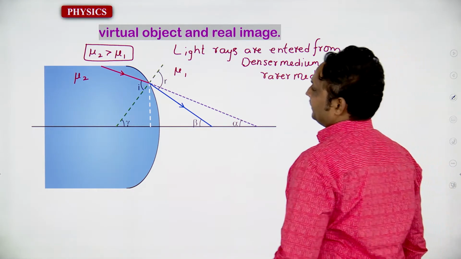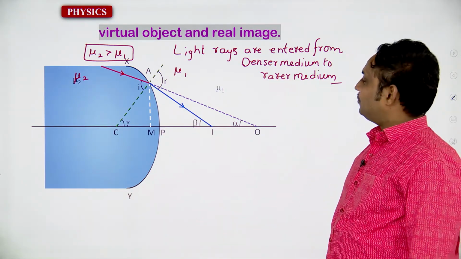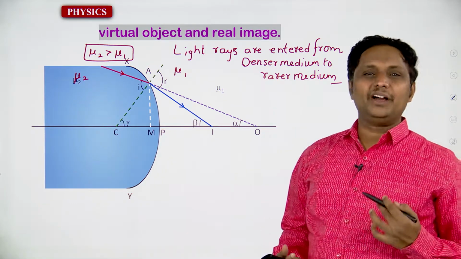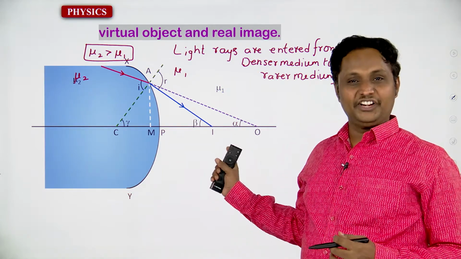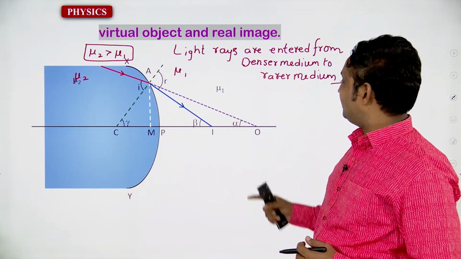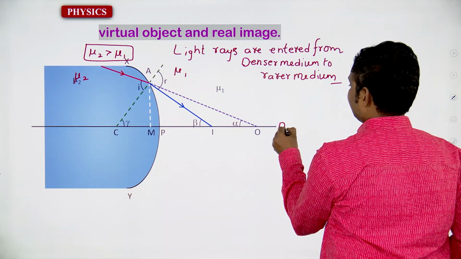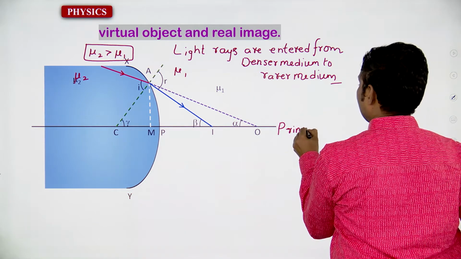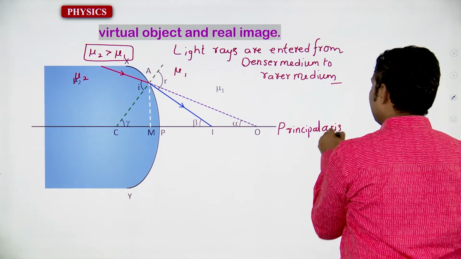Okay, all right, AM is going to be the aperture, P is the pole, and alpha, beta, gamma are the angles made by the extended light ray and the refracted light ray with the principal axis. This is going to be the principal axis. It's very clear. All right.